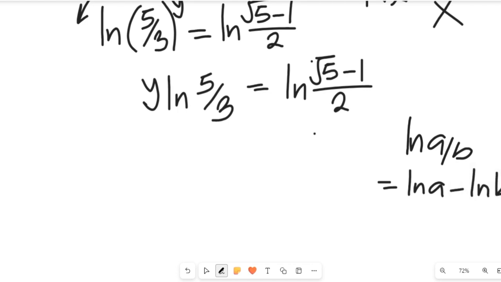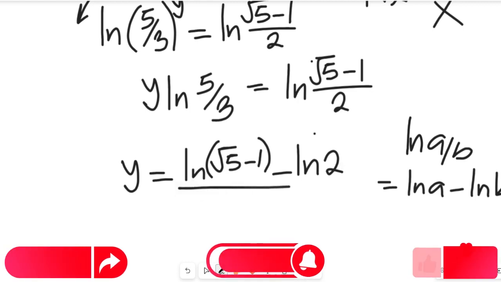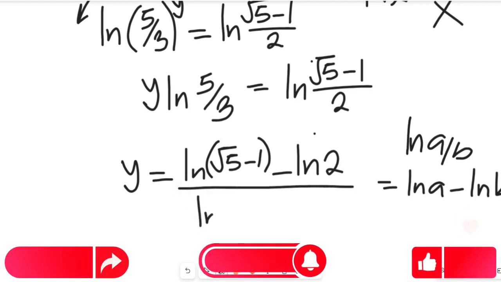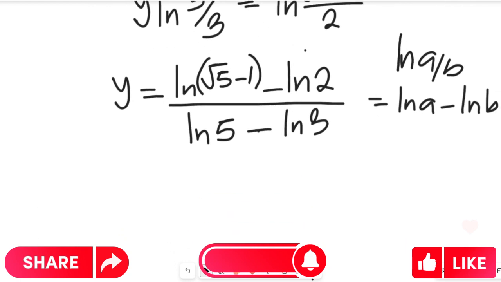So if we apply that to this expression and divide both sides by the natural log of 5/3, our y will be equal to the natural log of (√5 - 1) minus the natural log of 2, and this will be divided by the natural log of 5 minus the natural log of 3. Now, this is going to be the result we are going to have.